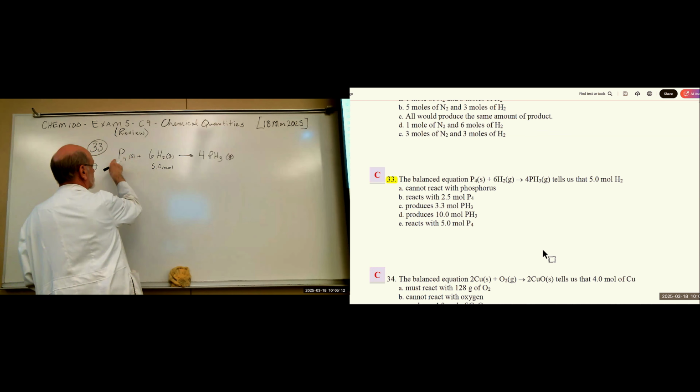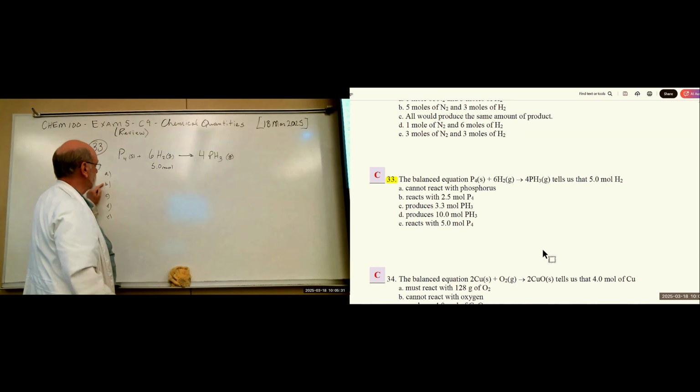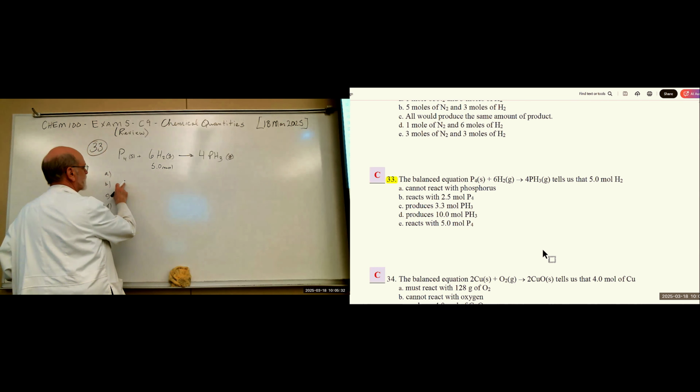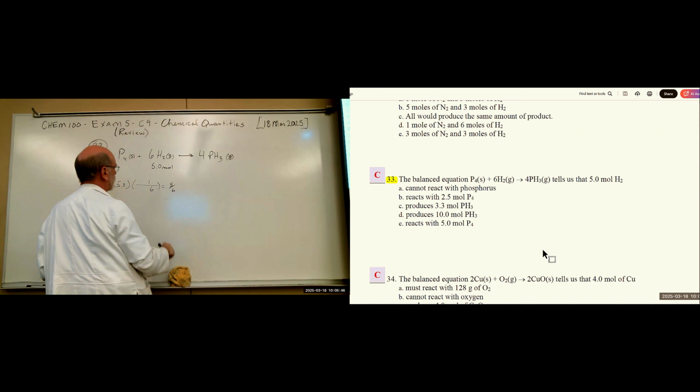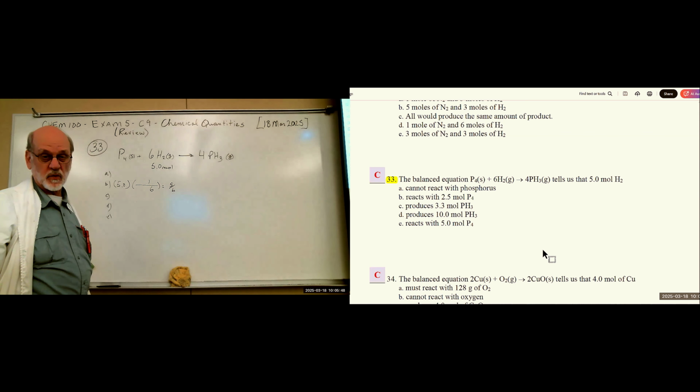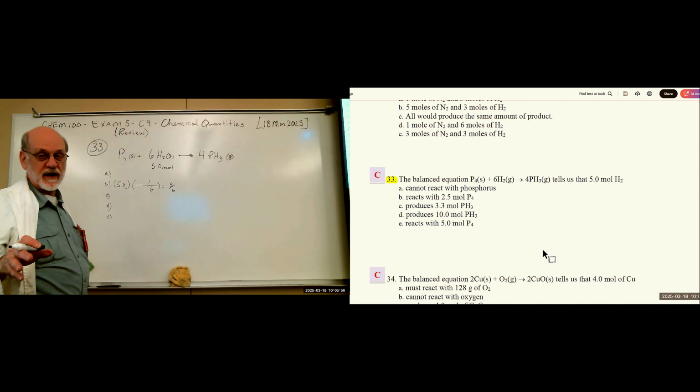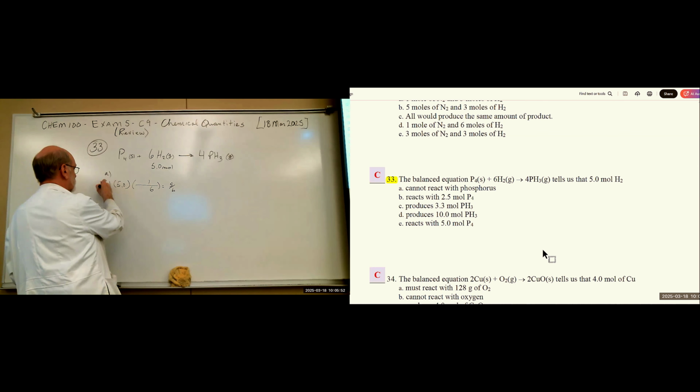We'll come back to A. Reacts with 2.5 moles of P4. How much P4 would it be? Well, it'd be 5. And then the ratio of 6 to 1, right? So 6 into 5 is 5/6, which is less than 1. It says reacts with 2.5 moles of P4. So that's false.